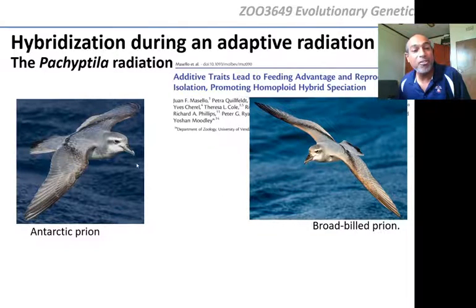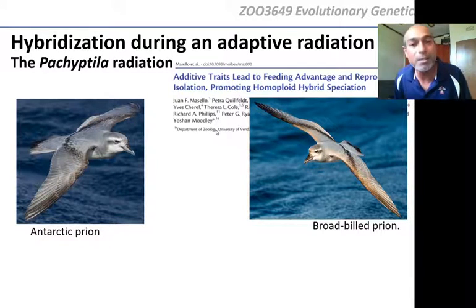They have different adaptations. The beak is very adapted, but in a different way. This one has a very high fitness when it comes to eating these fish. It can eat fish better than this one. And this one has a very high fitness when it comes to eating invertebrates. It can eat invertebrates much better than this one. That's why they are different species. They have evolved these adaptations.